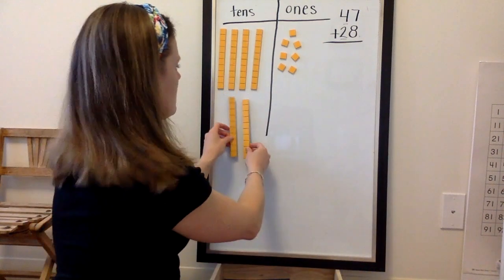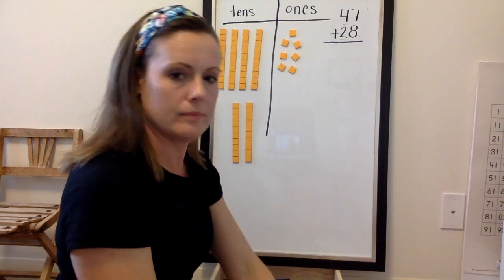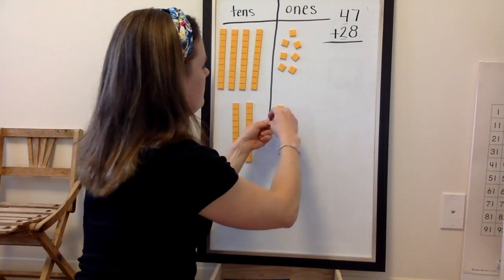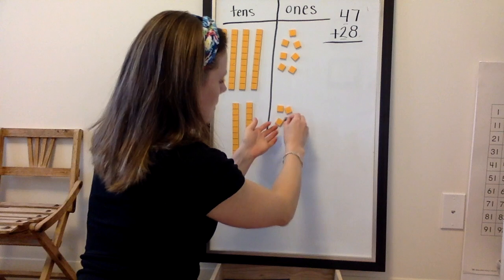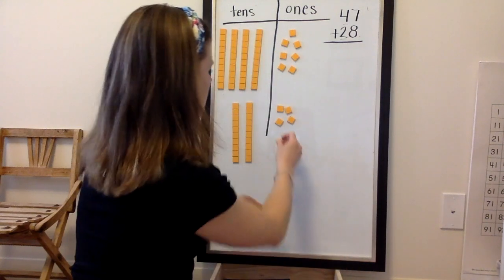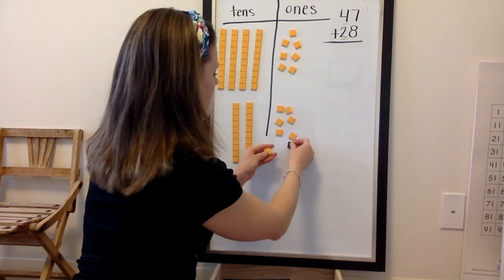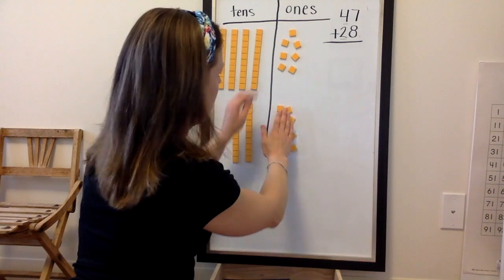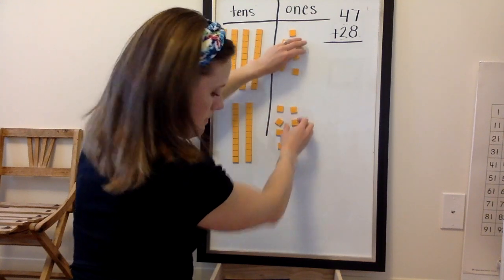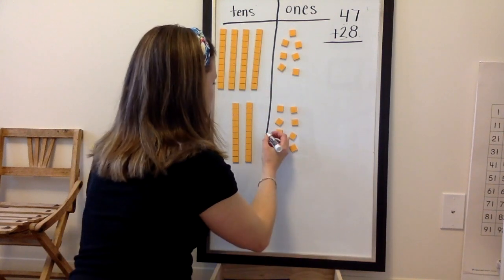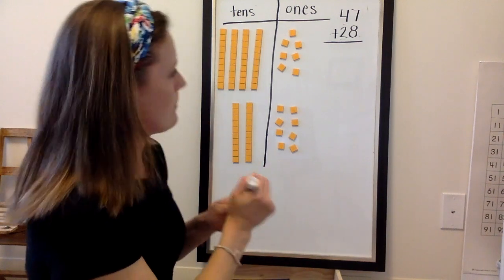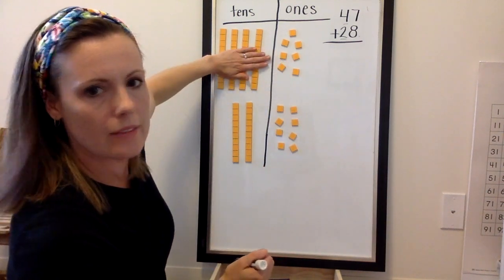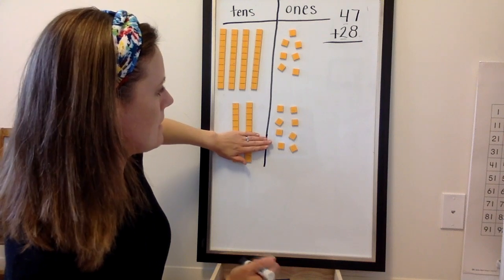So I'm going to get my 2 tens. All right, so now I have my number 47 plus 28.